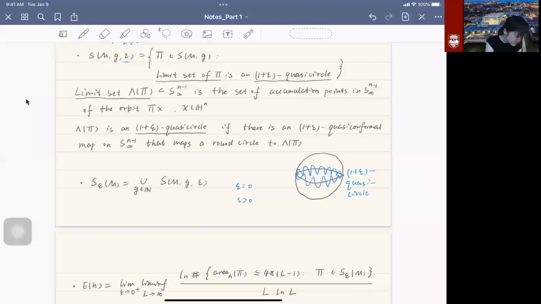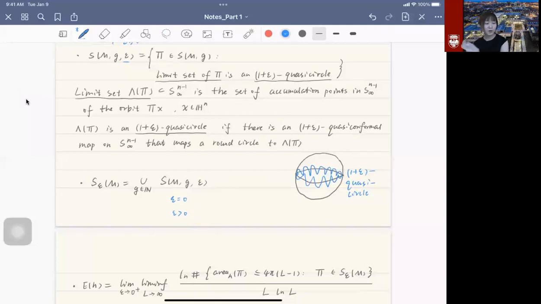Okay, and here for our set, if epsilon is taken to be 0, that is to say the limit set must be a 1 quasi-circle, and that's exactly a round circle. And we know that the round circle corresponds to a totally geodesic disk.